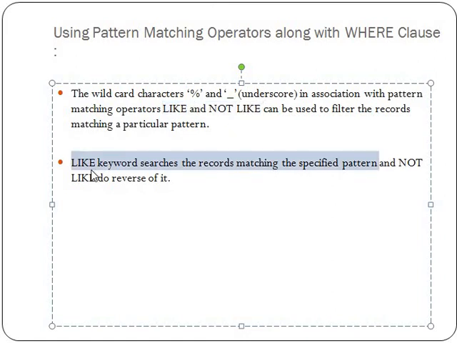Just keep in mind that the like keyword searches the records matching the specified pattern, whereas the not like keyword does the reverse of that. That means it searches those records which do not match the specified pattern.